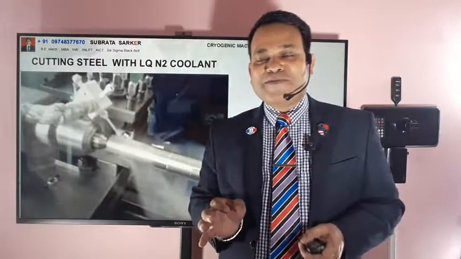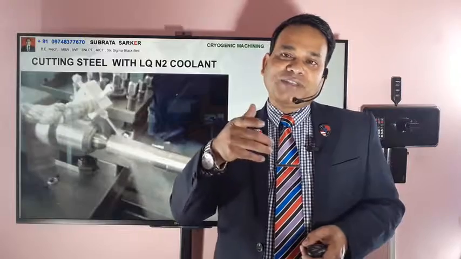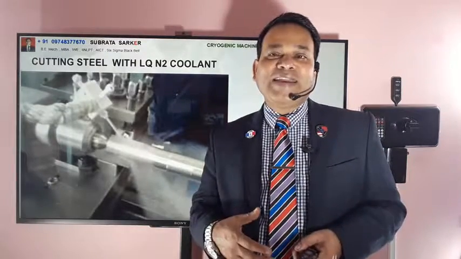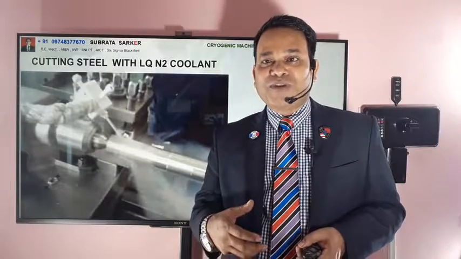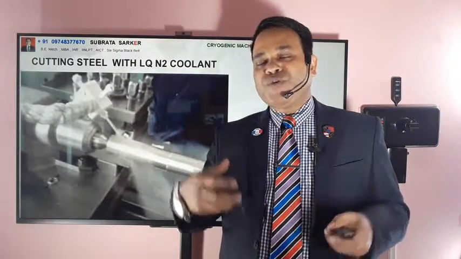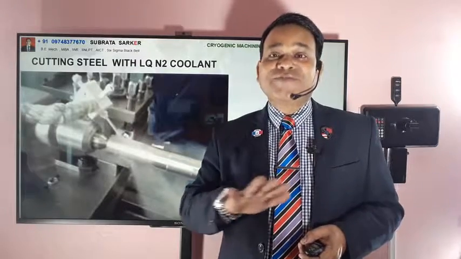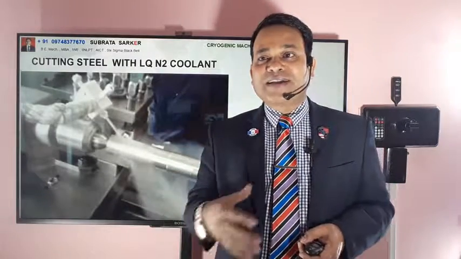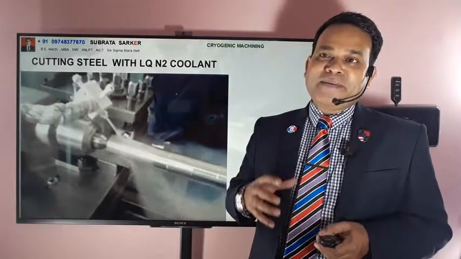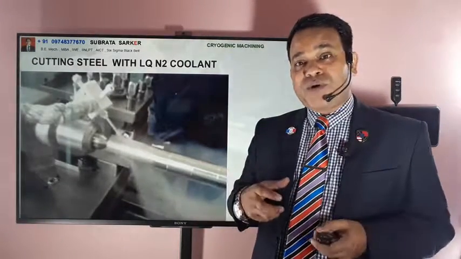Following are the important points. If you do cryogenic machining on a metal, your tool life will increase like anything, because the tool doesn't get heated. The surface roughness and surface finish are much better than conventional machining for the same parameters, and the dimensional accuracy is much higher.